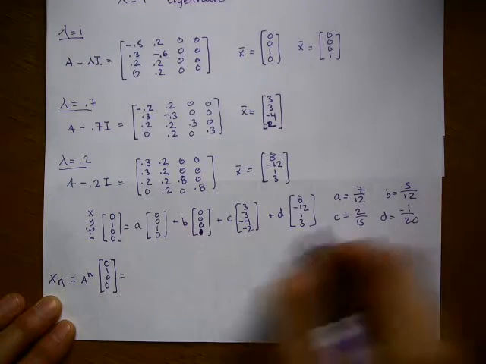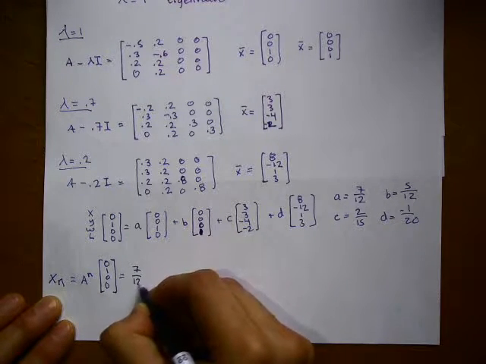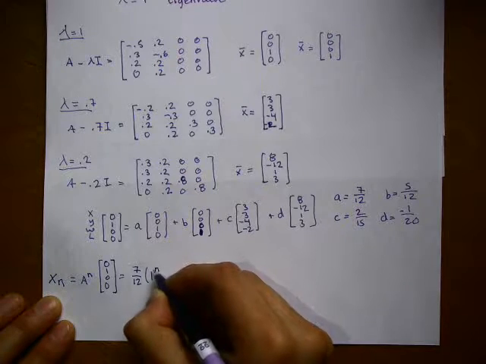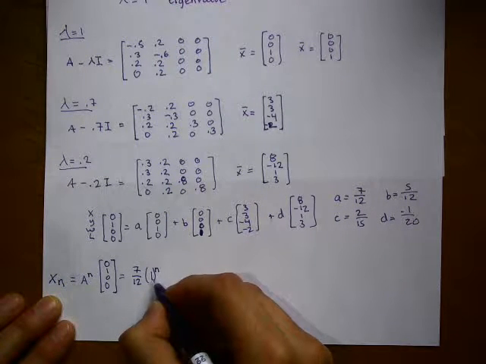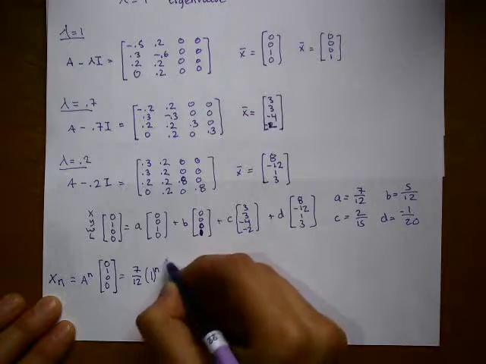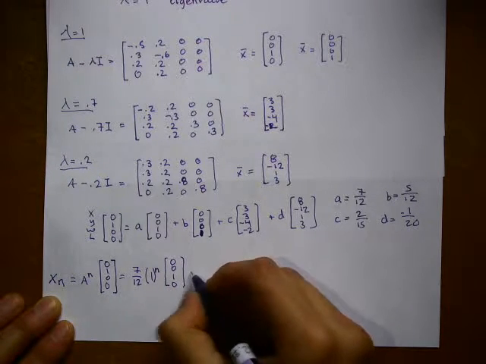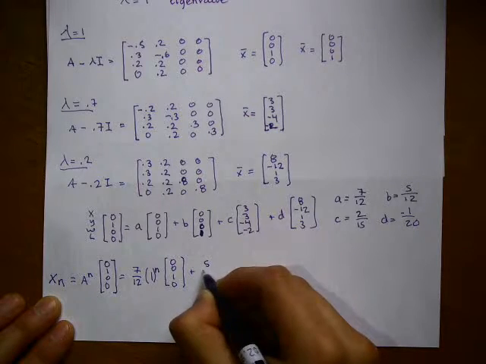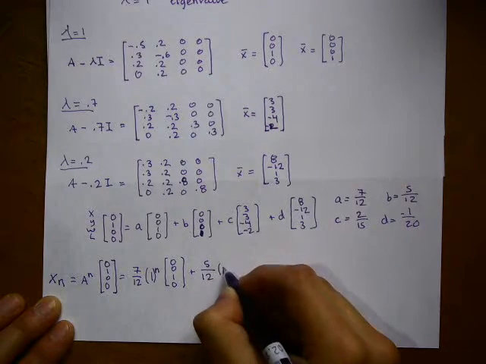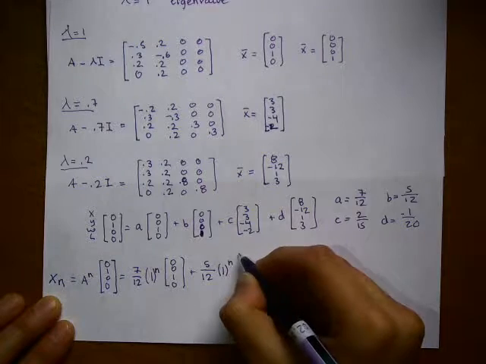Now we're going to sub in a, so that's 7 over 12, and our eigenvalue associated with that eigenvector to the power of n. Then sub in b times the eigenvalue associated with that eigenvector to the power of n.